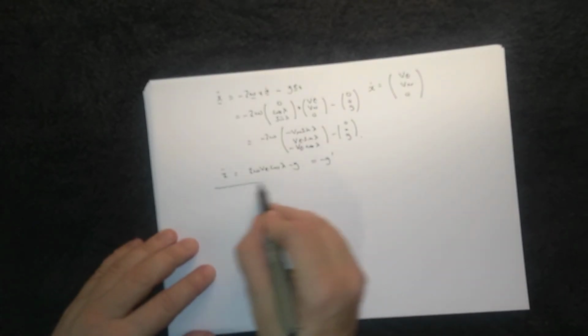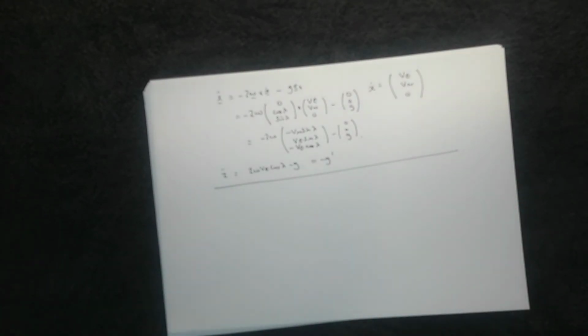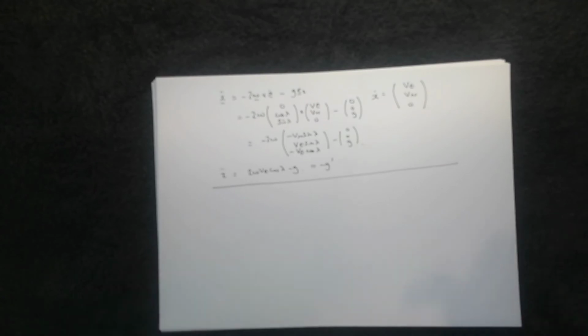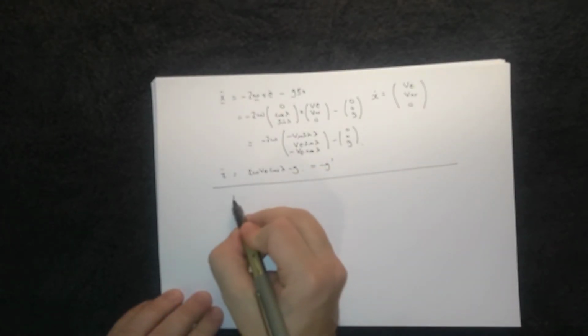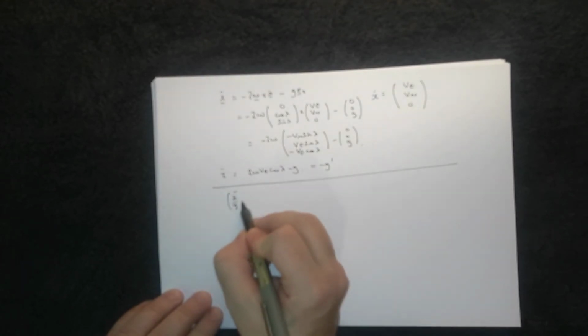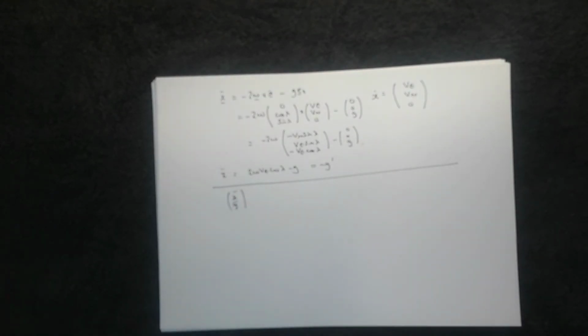Next, let's consider a marksman aiming at a target and what effect the Coriolis force has on him hitting the target. So we have x double dot, y double dot. We're not worried about the z direction at the moment.